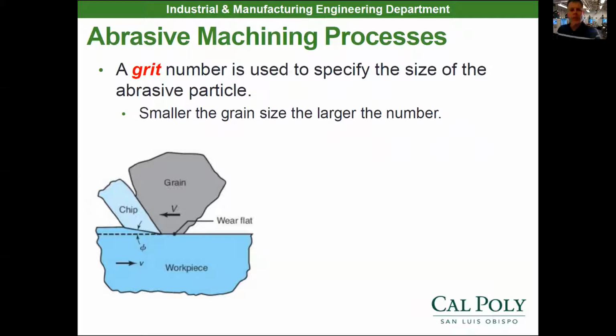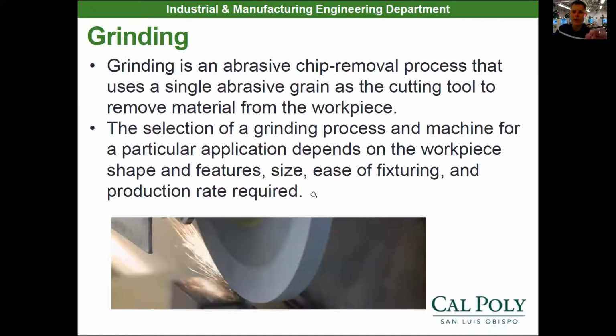What's happening with that grit or grain is that each one of those grains, like on a piece of abrasive paper, or if it's bonded to a wheel, is going to shear a chip up off the workpiece. So we're still shearing a chip off the workpiece. We just don't have the same rake angle that we would like with a cutting tool, because the abrasive grains are irregularly shaped particles.